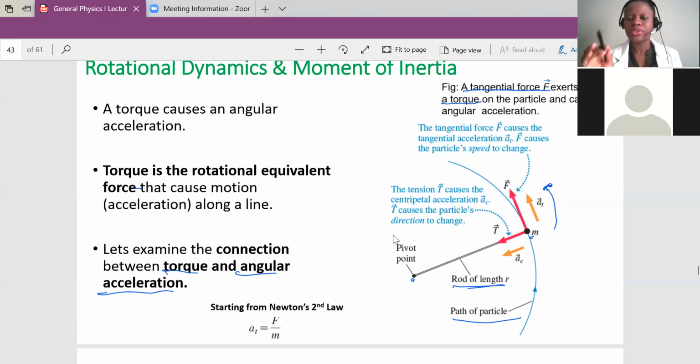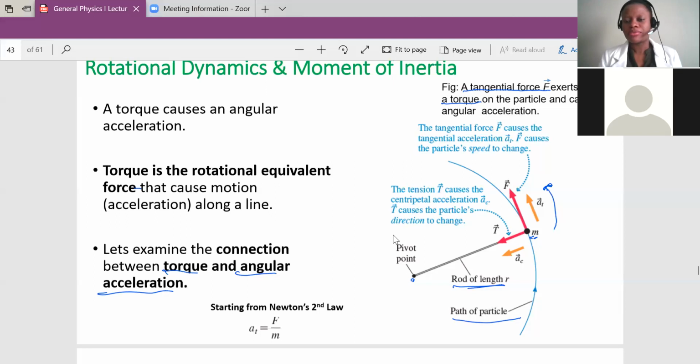Okay, so we have the tangential acceleration and the tangential force and the mass all taking part in that particle. Okay, so the tangential force causes the tangential acceleration a_t to occur.